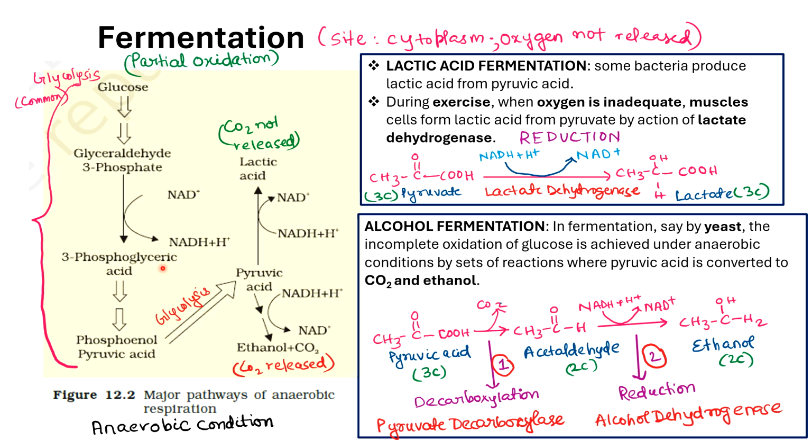So both these fermentation pathways are partial oxidation of glucose, and they take place in the cytoplasm and do not need oxygen. Is that clear?